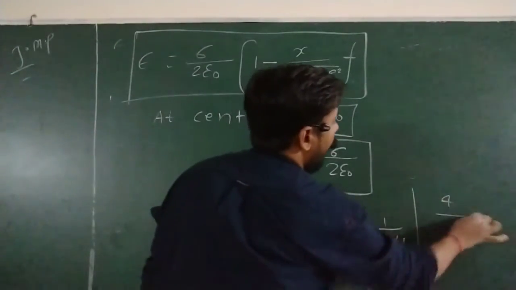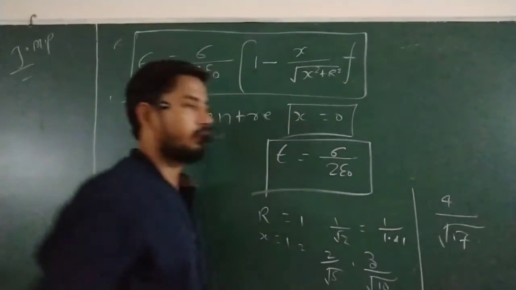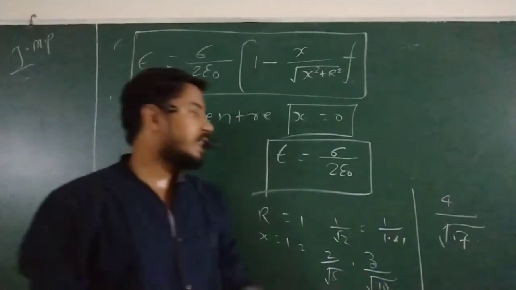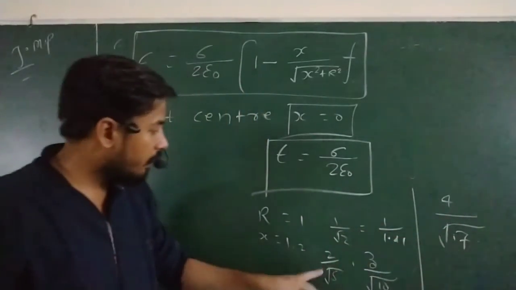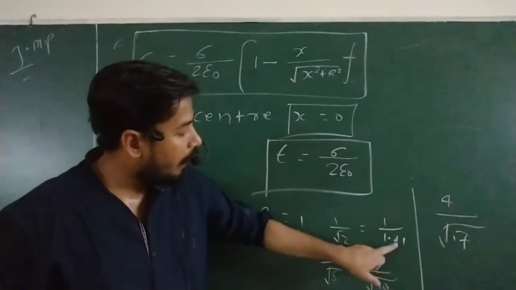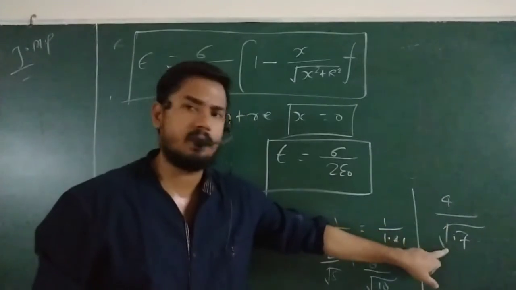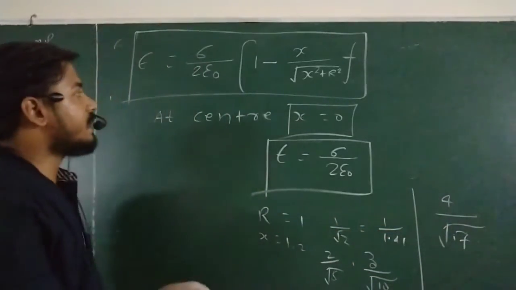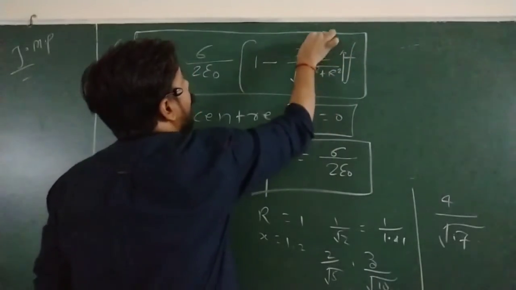So 4 by under root what? 16 plus 1, 17. So this value is very small, you can say. So from here you can see, this value starts increasing. Right now it is 1.5 times here. But right now it is just 1 times.